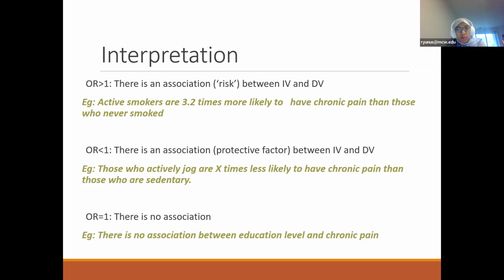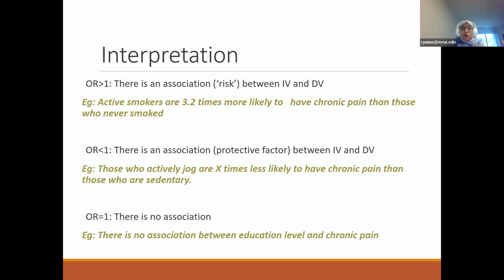For example, if you're studying the relationship between education level and chronic pain, if your odds ratio is 1, that means there is no association between your level of education and your chance or your odds or your probability of getting chronic pain.